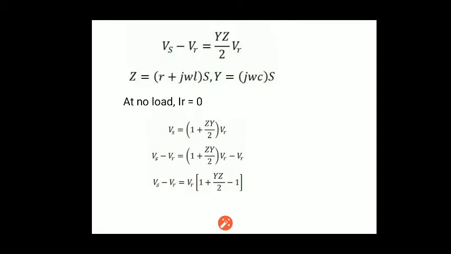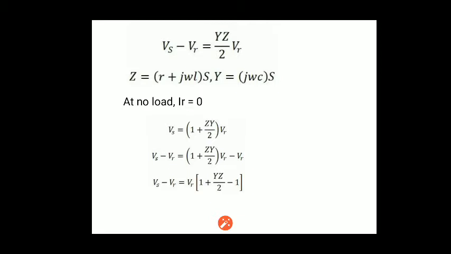Vs minus Vr is equal to YZ divided by 2 into Vr. Here Z is equal to r plus j omega L into s, and Y is equal to j omega C into s. At no load condition, IR is equal to 0. So Vs is equal to (1 plus ZY divided by 2) into Vr.